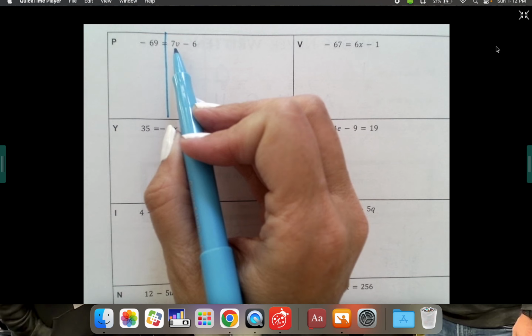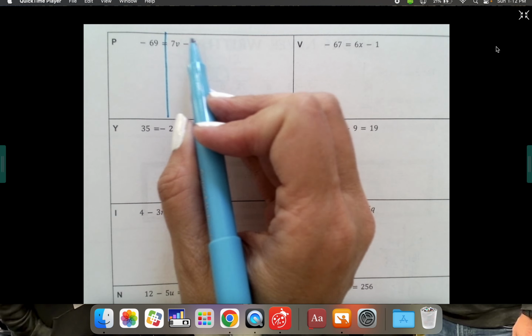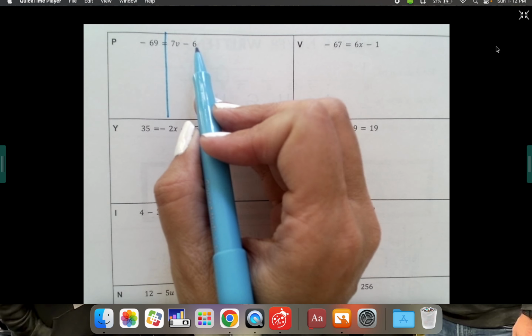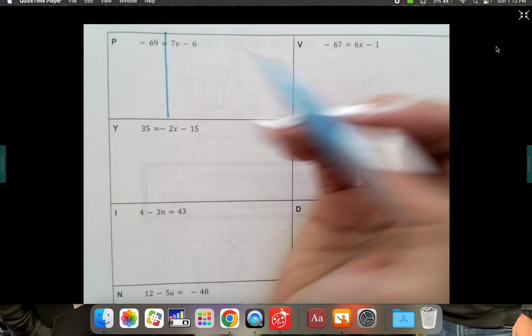Okay, let's turn the page and see our other problems that are on the back of this worksheet. All right, letter P. We are going to keep the variable coefficient together and get rid of the constant, which is the -6. So the opposite of subtracting 6 is adding 6. That's what's going to make it be 0.